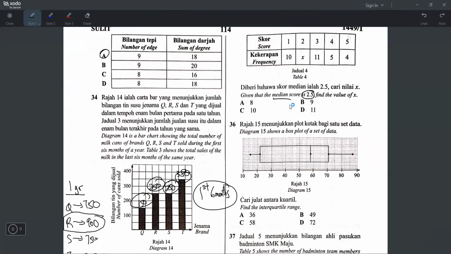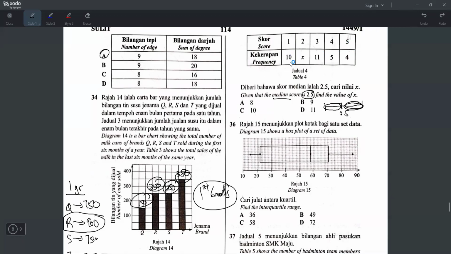So if I have a set of data and I told you the middle value is 2.5, it means that the first half and the second half punya bilangan data will be same, because this is the middle value. So if you look at the score 1, 2, 3, 4, 5, this is the frequency. Frequency means berapa kali dia muncul, how many times it appears.